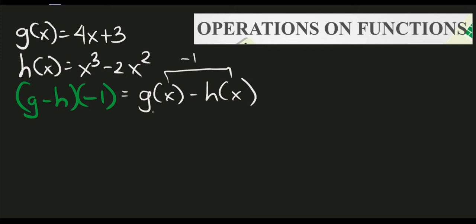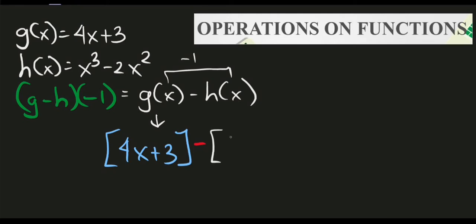So let's try to solve. So again, we have this g of x, and according to our given problem, g of x is equals to 4x plus 3. Okay? So we need to subtract this to our next function, which is function h, and h is equals to x cubed minus 2x squared. Okay?